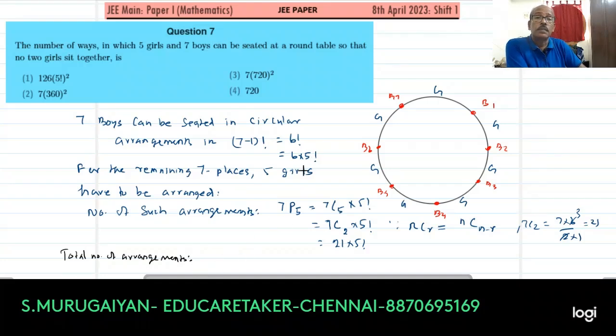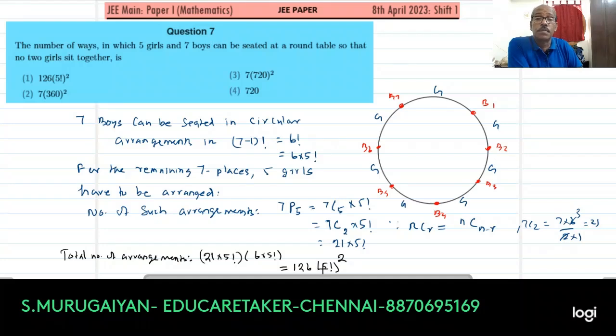So 21 into 5 factorial into 6 into 5 factorial will give 21 into 6, 126, into 5 factorial, the whole square. 5 factorial is 120, and 120 squared is 144 into 100, which gives one large number.